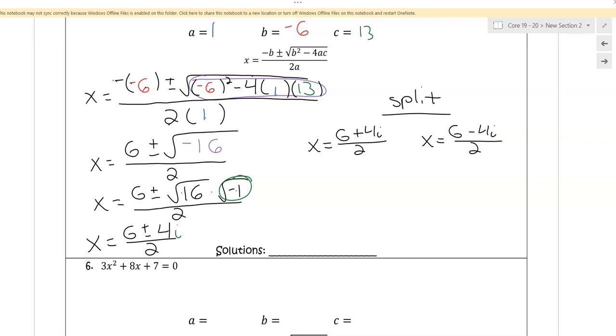I cannot combine a 6 and a 4i. Those aren't like terms. So I just divide both of them. When I divide those, right, I can actually divide 6 over 2. 6 over 2 is 3, and 4 over 2 is 2.